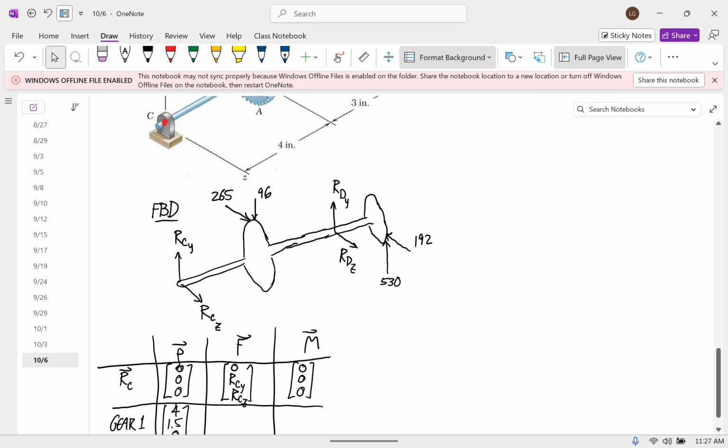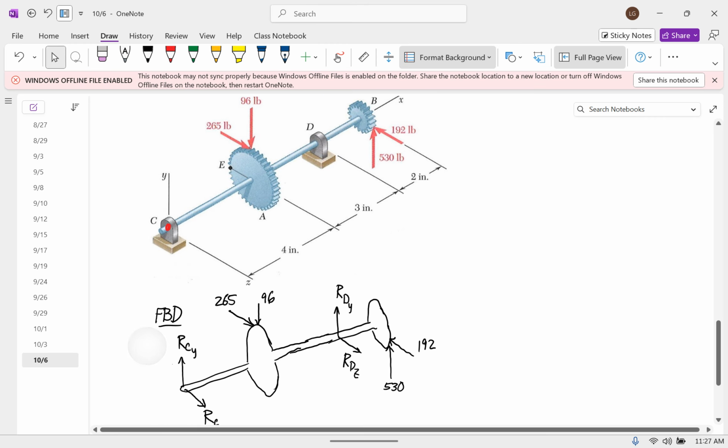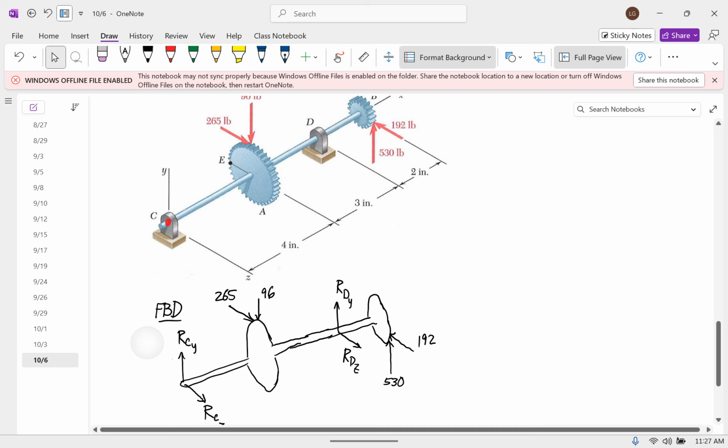Okay, now what about the forces? Since these forces are acting at the same spot, I'm going to just lump them into a single force vector. As long as forces are acting at the same location, you can add them together. So this is going to be 0 for x, positive 265 for z, negative 96 for y.